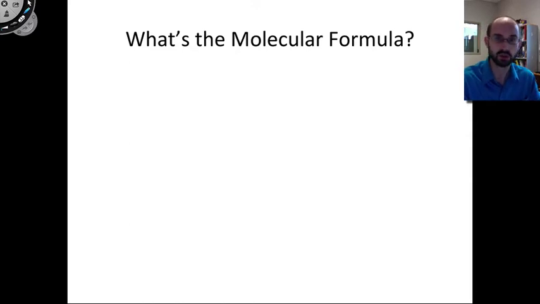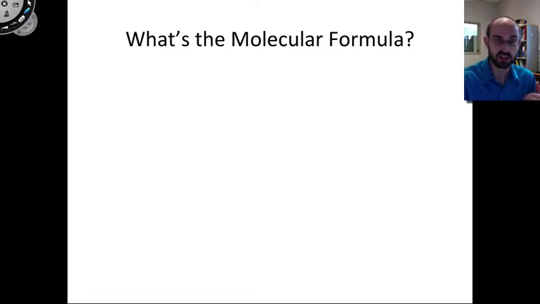There are two tools that we use to figure out the molecular formula. The first one is mass spectrometry. I'm not going to go over really any of the details of mass spec. I could fill an entire course about mass spec, and some people do.